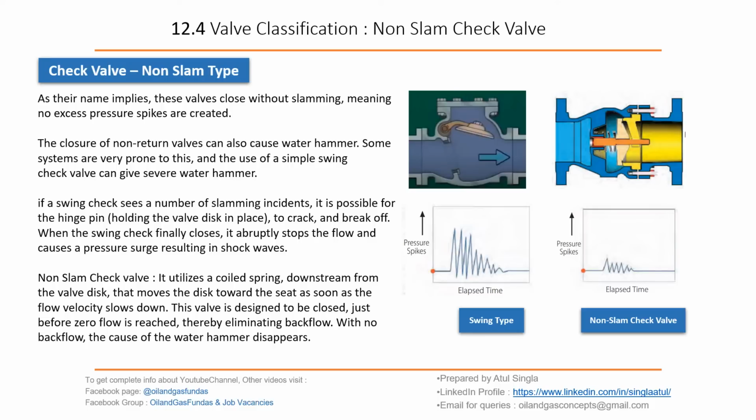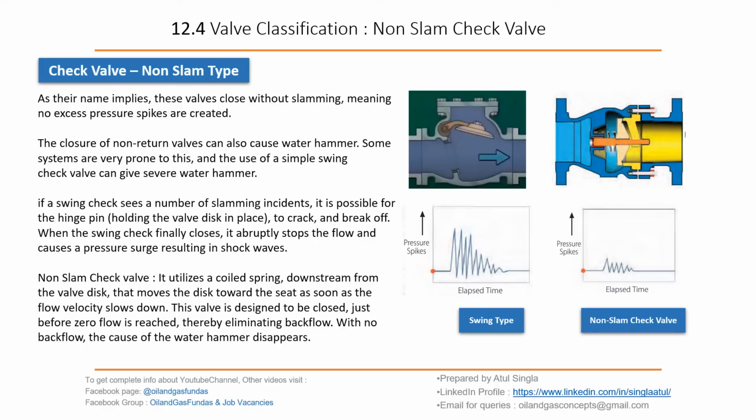What is happening in non-slam is that it utilizes a coil spring. If you see, there is a coil spring inside this valve, downstream from the valve disc, that moves the disc towards the seat. This spring brings it back to the seat as soon as the flow velocity slows down.